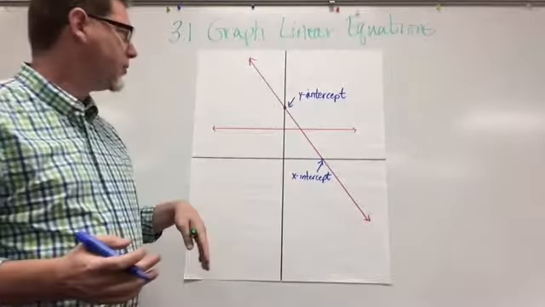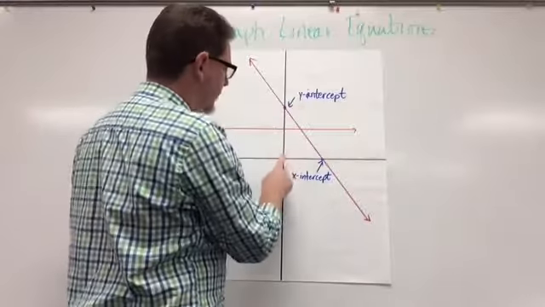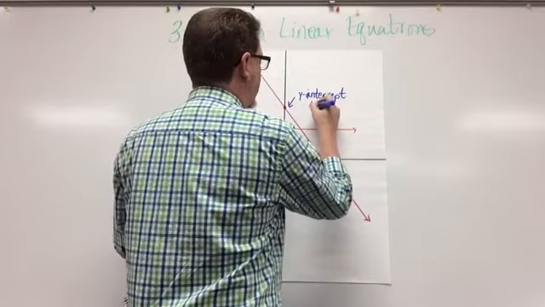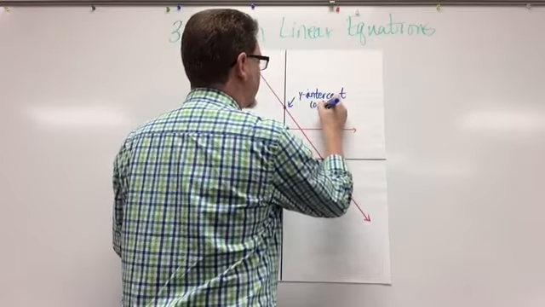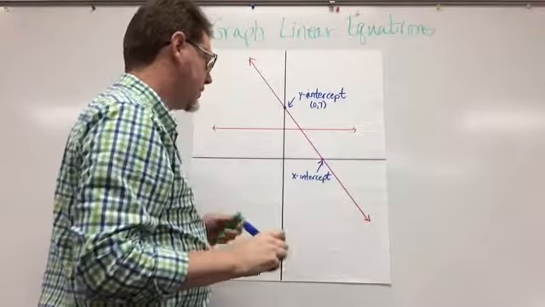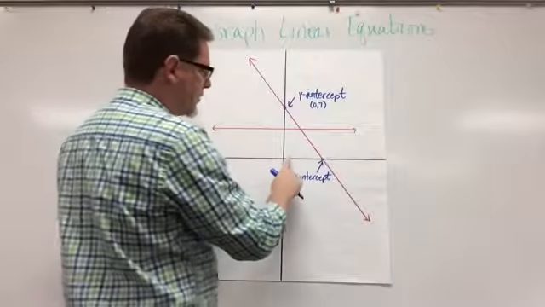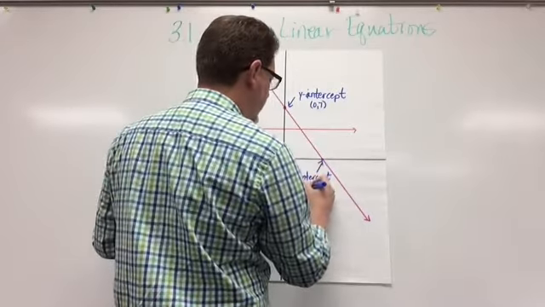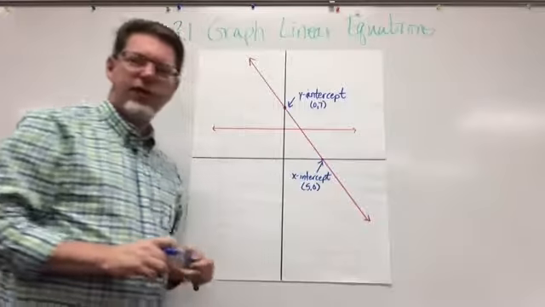Okay? So looking at just the pink line, we can see that the y-intercept is 1, 2, 3, 4, 5, 6, 7, and we would call that (0, 7) for the y-intercept. And if we look at the x-intercept, that'd be 1, 2, 3, 4, 5. So that would be (5, 0) for the x-intercept.